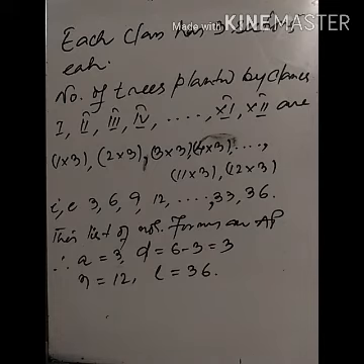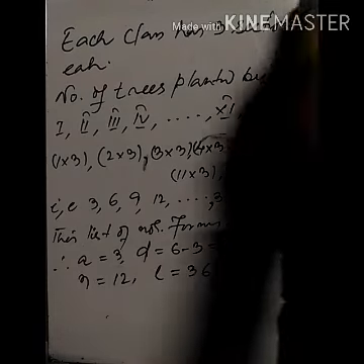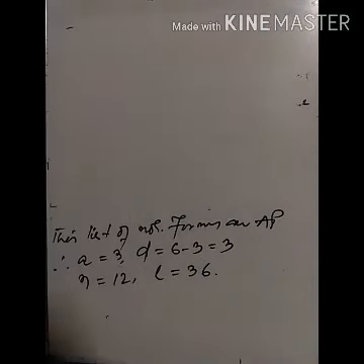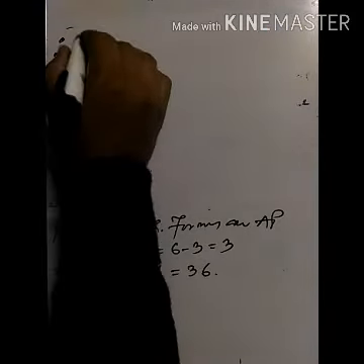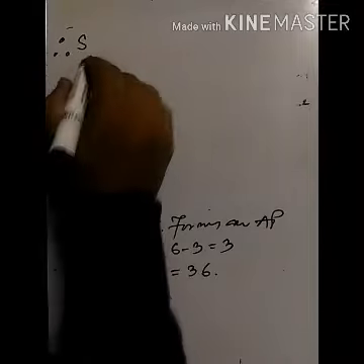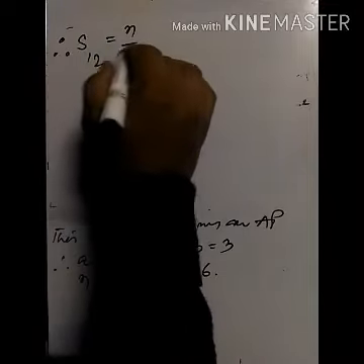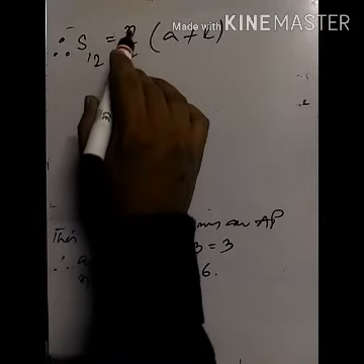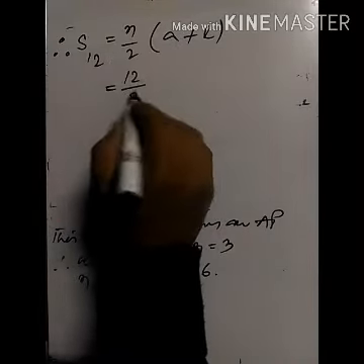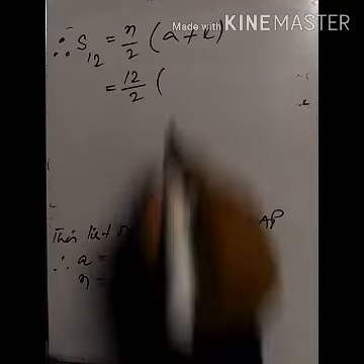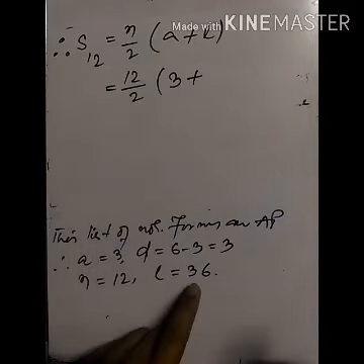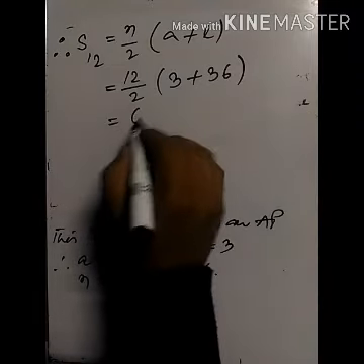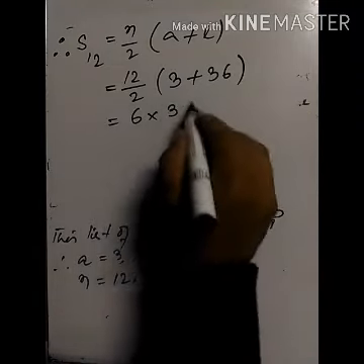So now let's find. Therefore S12 equals n by 2 times (a plus l). The value of n will be replaced by 12 by 2. Here the first term is 3. What is the last term? 36. Then 12 by 2 is 6, into 39.